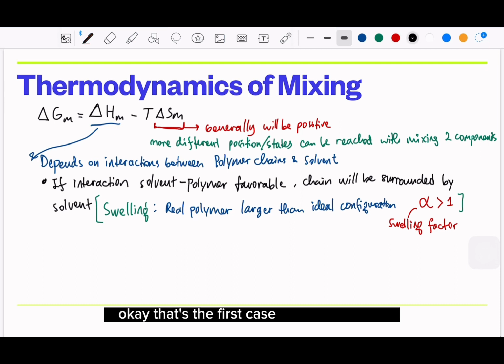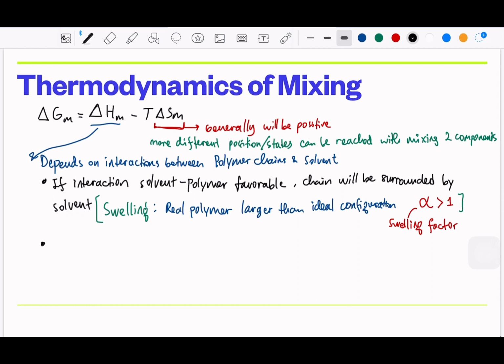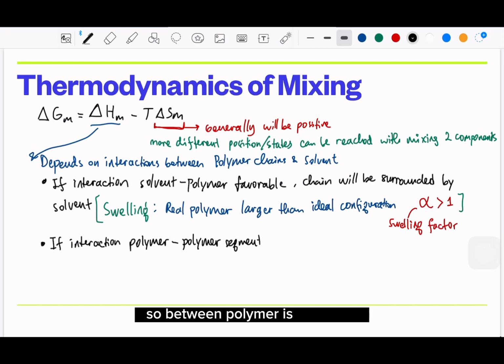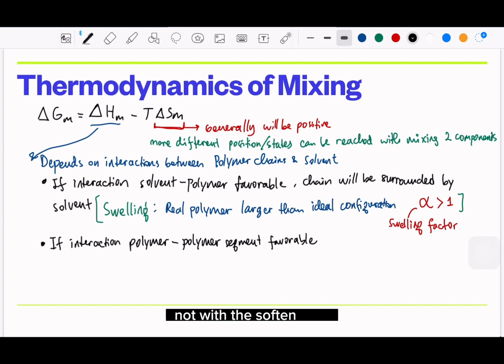Okay, that's the first case. The second case: if the interaction between polymer and polymer is favorable, so they like to interact between polymers, not with the solvent, then chains will be surrounded by themselves.